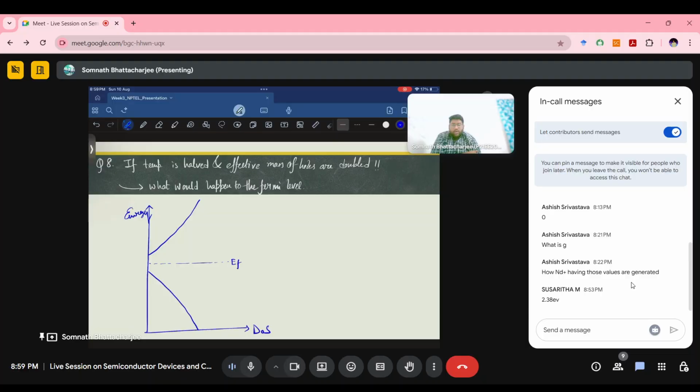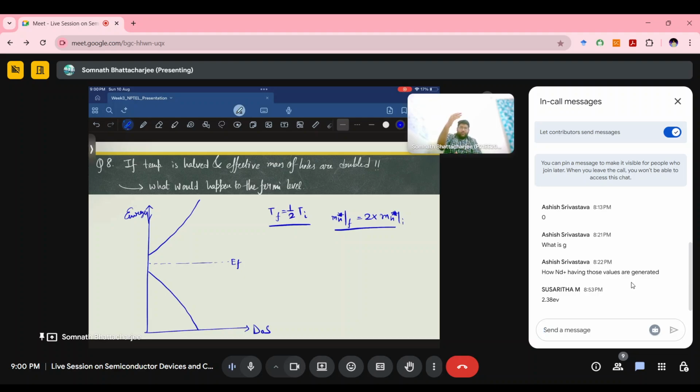The temperature has been halved, so the changed temperature, let's say TC, is half of the earlier one, the initial temperature and the final temperature. And the effective mass of holes, the final one, is 2 times the initial one. So if these are the two conditions, what would be the change in this Fermi level?